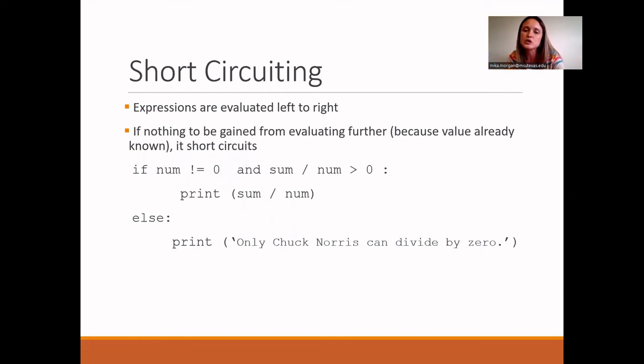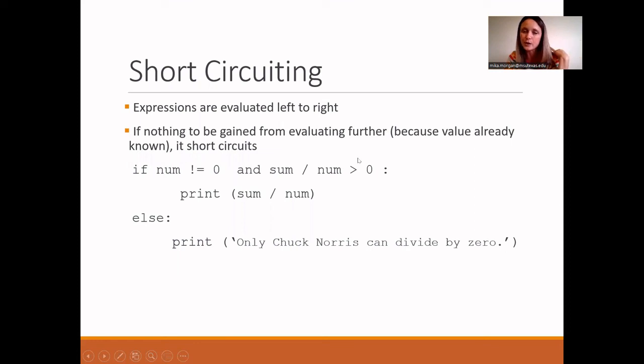And we can do that to avoid errors, right? If I was trying to divide two numbers together and it was possible that the number they gave me was 0, I could check to see, well, does their number equal 0? If it does, don't try this over here because you're going to crash the whole program.